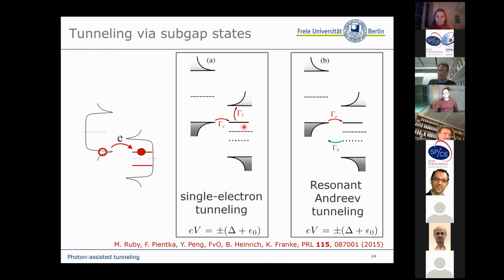It's clear that this process will be dominant if you have a very small junction conductance, because then it's more likely for a phonon to excite this electron into the continuum, than that another electron will tunnel into the substrate. And this process should be more dominant at larger junction conductances.